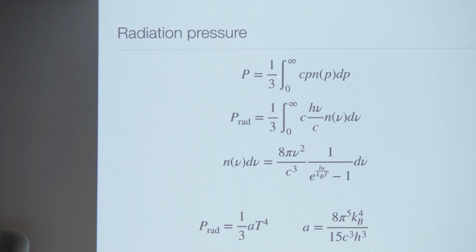And finally we have the radiation pressure. That's of course a relativistic particle, and we again have this pressure equation, and we can put in this expression for the radiation, which is basically coming from the blackbody Planck function.